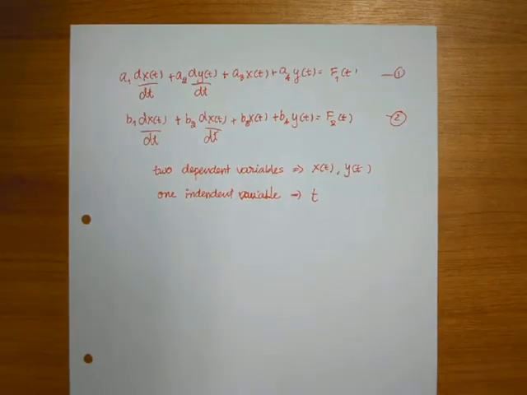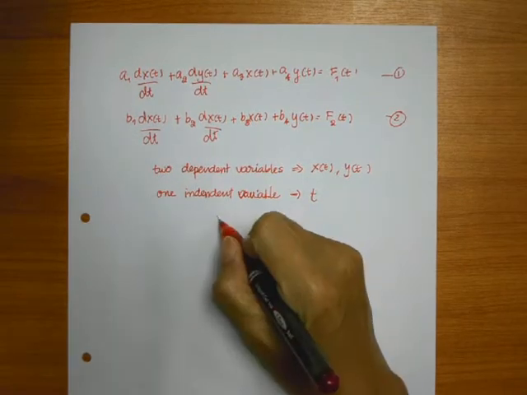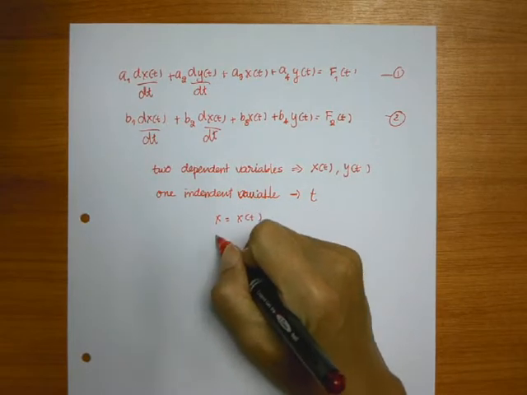If we have the equation like this, how do we find the answer of x as a function of t and y as a function of t?